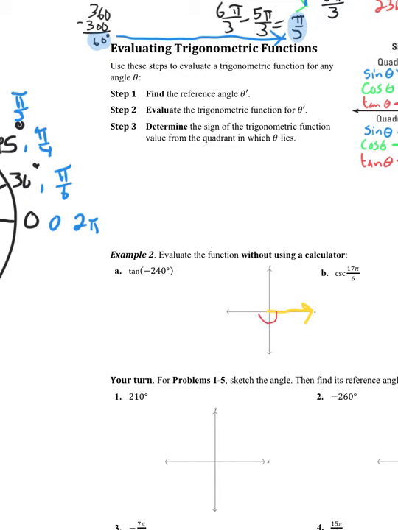Negative 90, negative 180, negative 240 is going to put me somewhere in quadrant 2. Now I need to ask myself, what's my reference angle? What's my theta prime? Theta prime is going to be that angle right there from the x-axis.